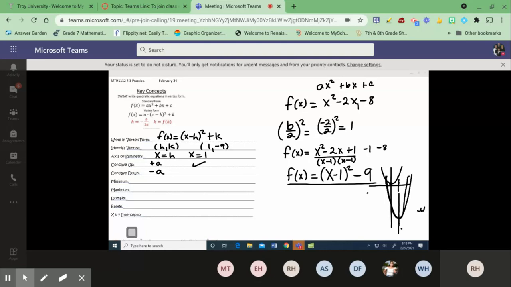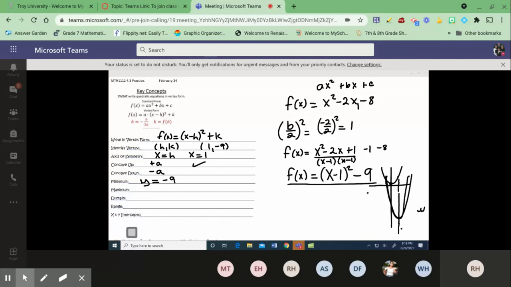Do I have a lowest point or a highest point? A lowest point. So I have a minimum, and that's going to be where? At y equals negative 9. See, your vertex has already answered 2 of those questions.